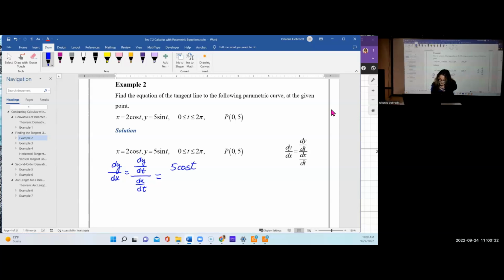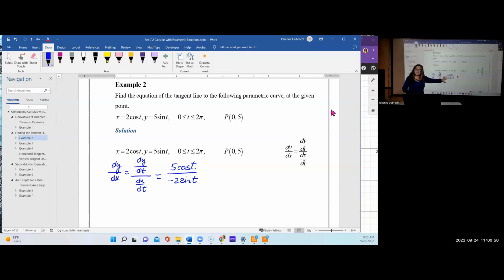And dx/dt, if I take the derivative of 2 cosine of t, I get negative 2 sine of t. Now, this gives me basically negative 5/2 cotangent of t, but I don't think too well in terms of cotangent. So I'm going to stick with leaving it as negative 5/2 cosine of t over sine of t.